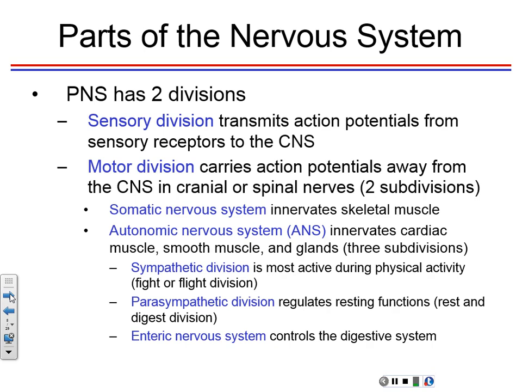Okay. All right. So we've got the two divisions of the peripheral nervous system. There's the sensory, which takes information up to the brain and the spinal cord, and then we get the motor. It's the motor that's divided up, okay? Because with this, not only do I want you to know the parts, I want you to know which part is divided into what.